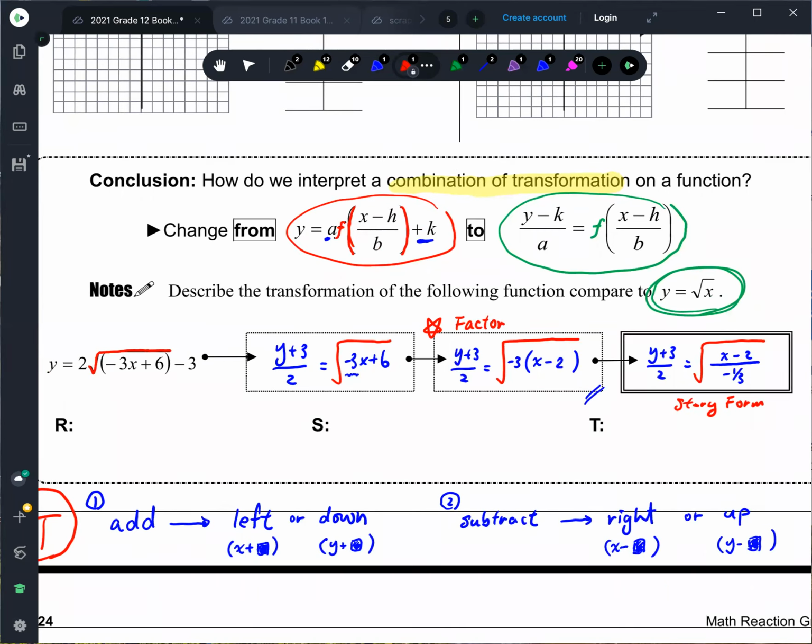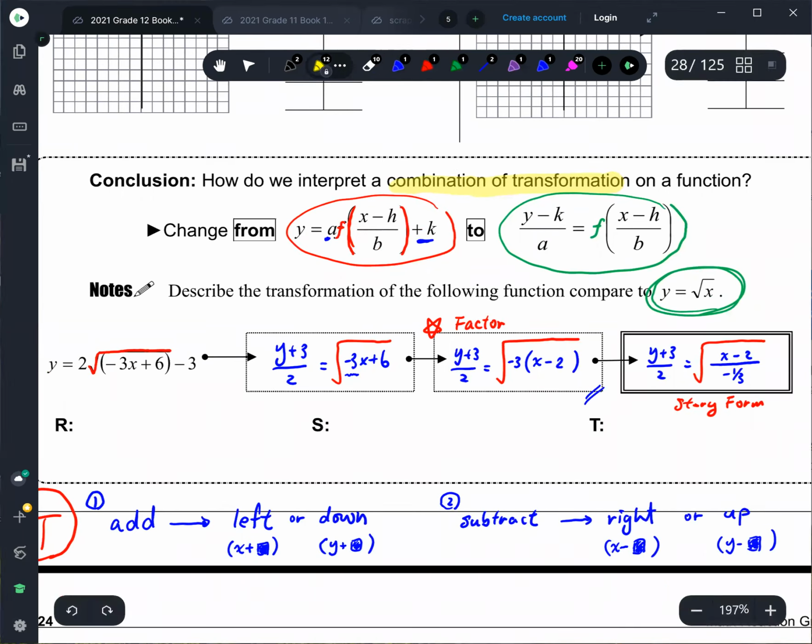So you look at your final form. Look for reflection, stretch, and translation. So that is our story form.